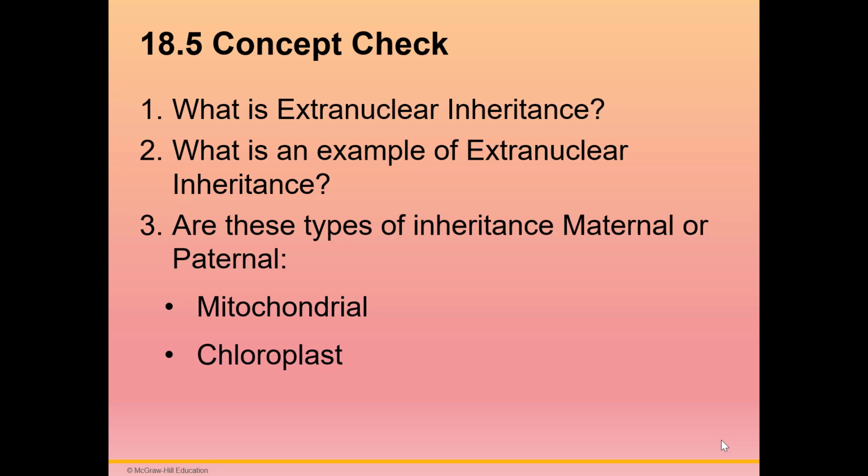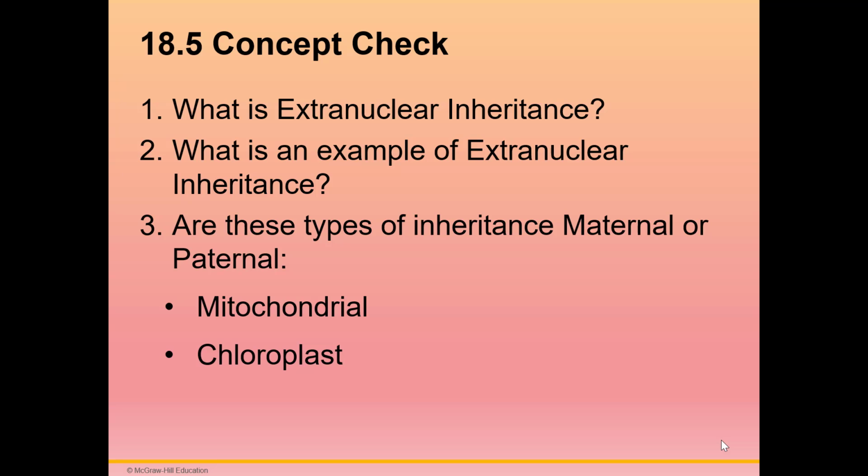So in extranuclear inheritance, it is the chromosomes in the mitochondria and the chloroplasts, which have their own DNA, which is a single loop of DNA, and they have their own ribosomes, and they make their own proteins. So what is an example of extranuclear inheritance?